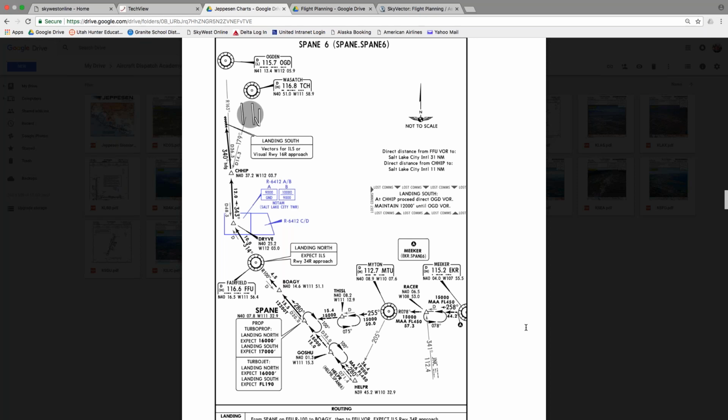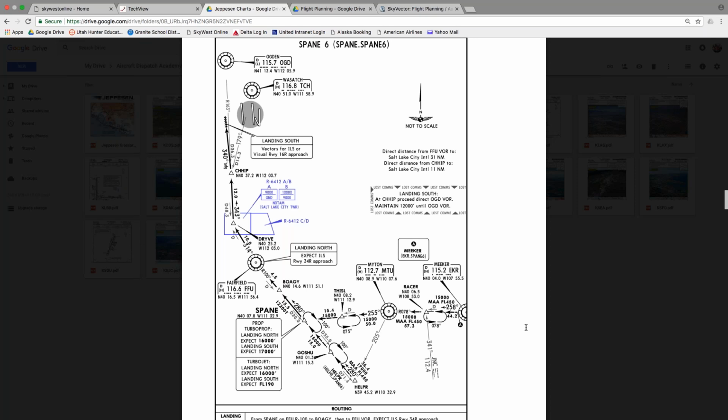How many miles past Thistle is it going to be? About 11.6.